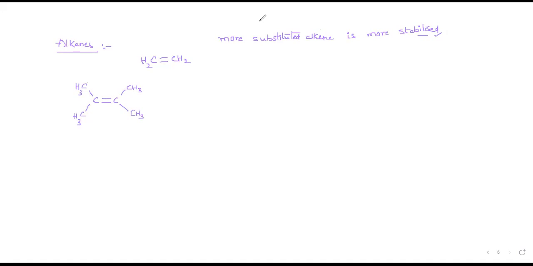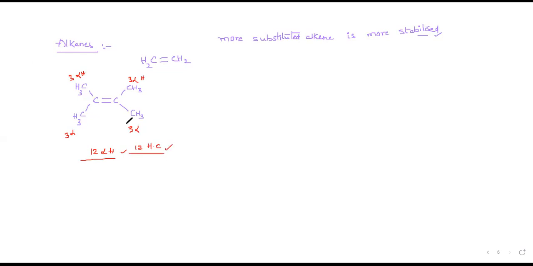The carbons next to the carbon-carbon double bond are alpha. How many alpha hydrogens? 3 alpha hydrogens here, 3 here, 3 here. So how many possible alpha hydrogens? 12 possible alpha hydrogens. Hence it gets 12 possible hyperconjugative structures.